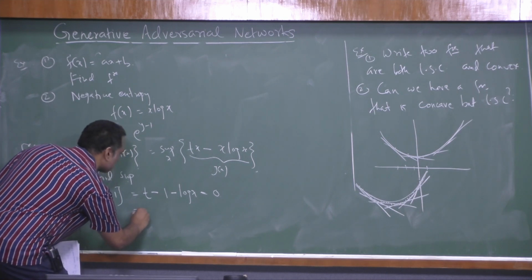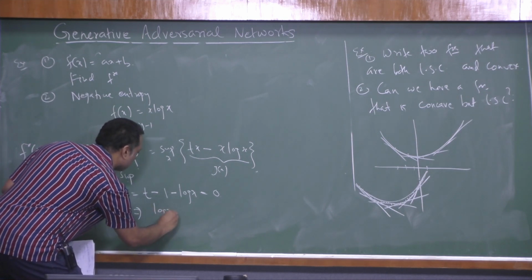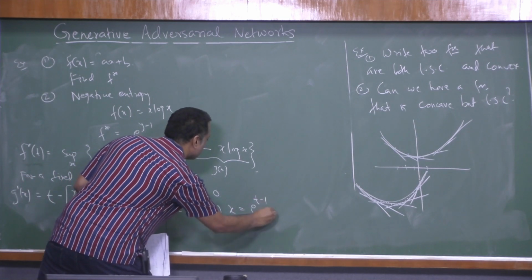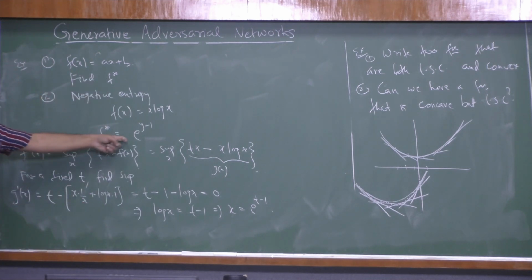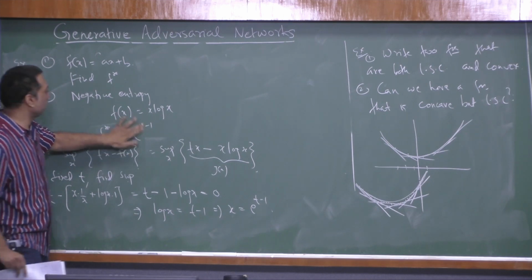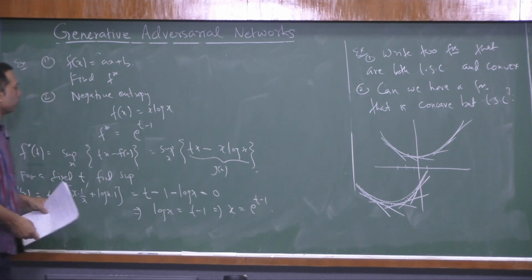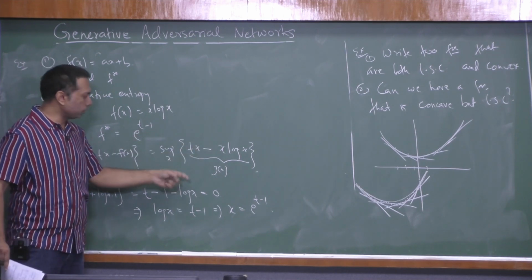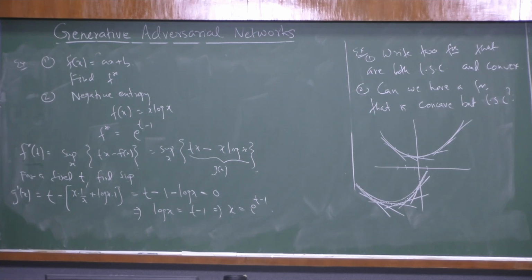This implies log x is t minus 1, which implies x is e to the t minus 1, which is what you wanted. In place of y, we are using t here. So for any given t, the x for which this will be maximized is e to the t minus 1.